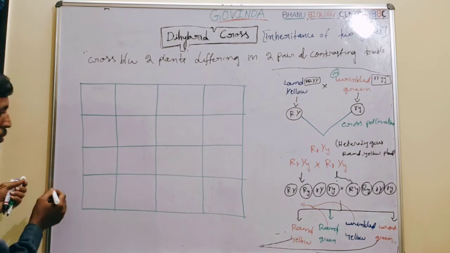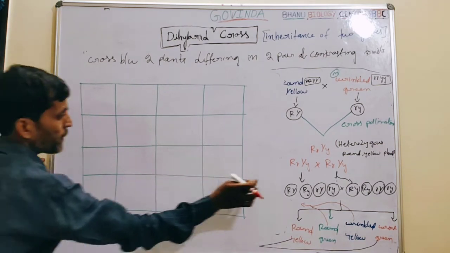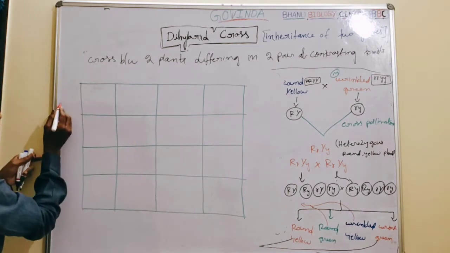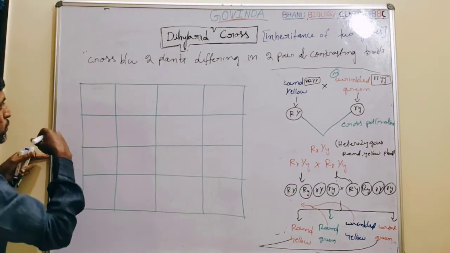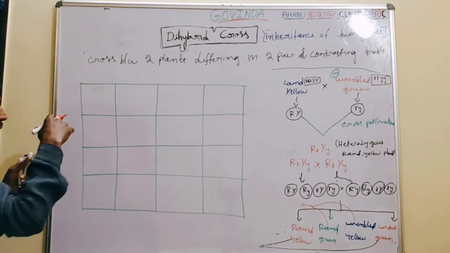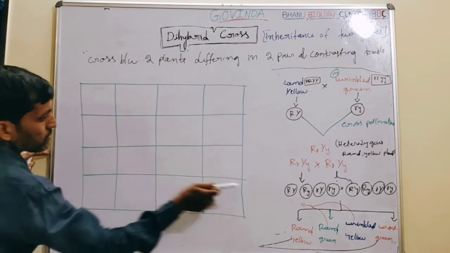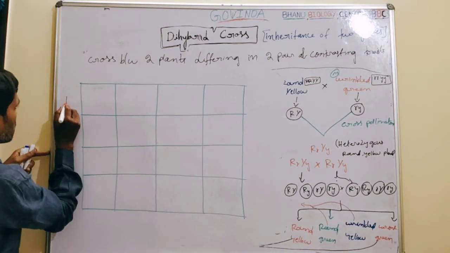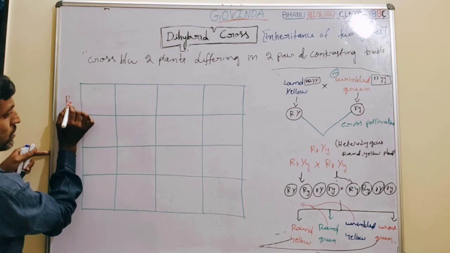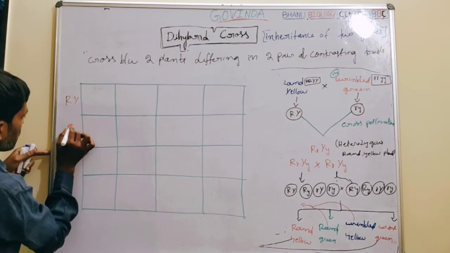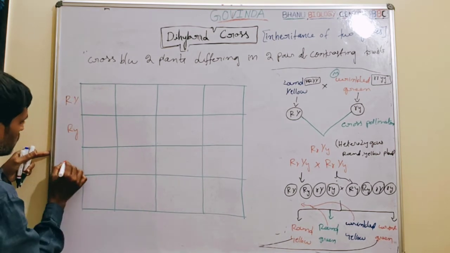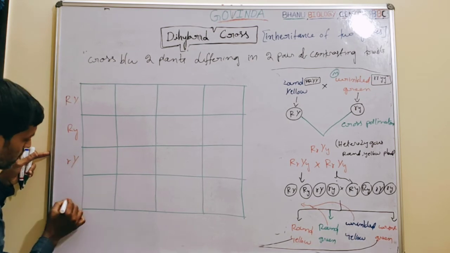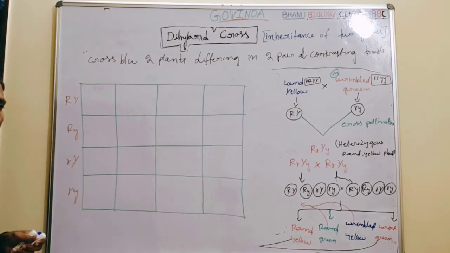It is very simple to write the gametes. On one side, I write the gametes of this plant, that is the female plant, vertically. We always write the gametes of the female plant vertically. So write these gametes: capital R, capital Y, capital R, small y, then small r, capital Y, then small r, small y.